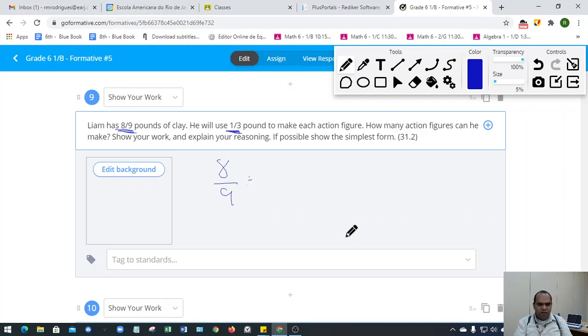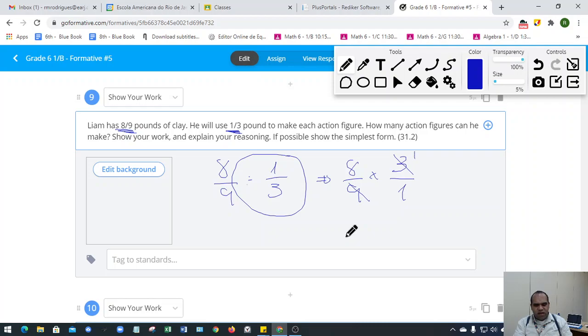I divide by 1/3. As you notice, here I just flip this guy to get the new number. I have here 8/9 times 3 over 1. I simplify here before I multiply.